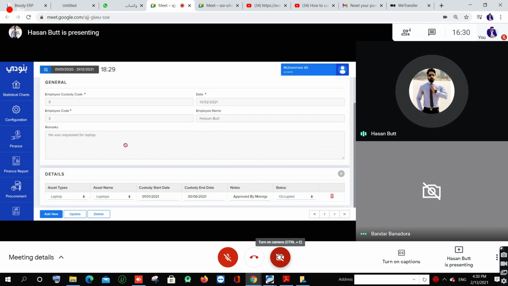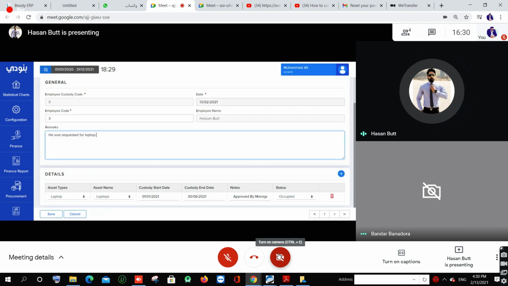Okay, brother. Actually, here you can see we have the remarks option. We can add the laptop barcode or laptop model number here as well. We are just giving this laptop to our employee, company's employee. He is not our customer, he is our employee. We can give him any asset.